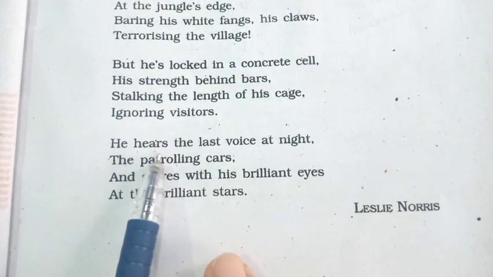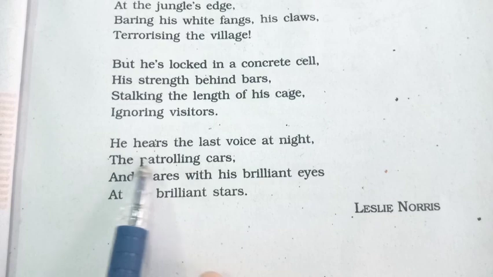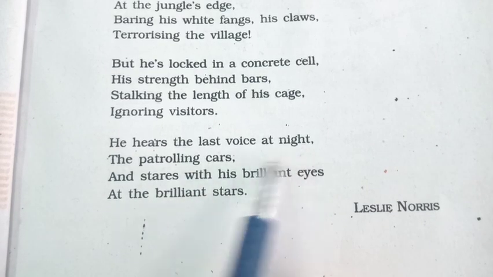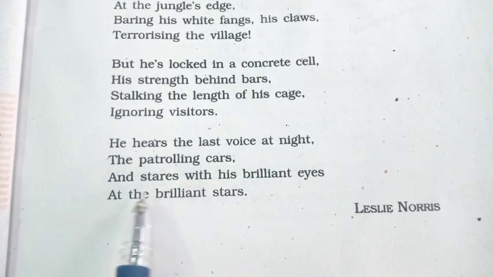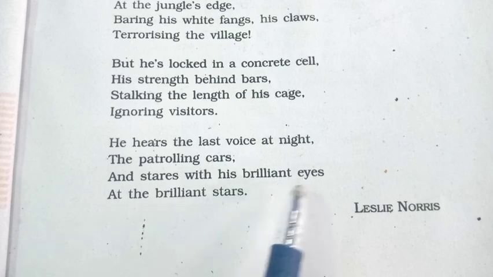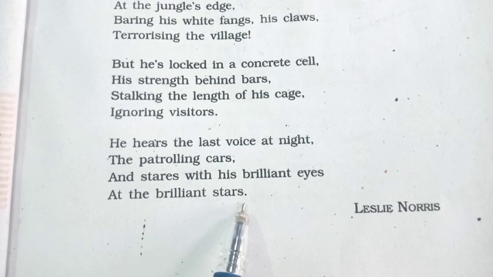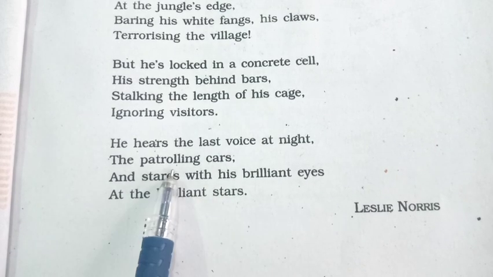In the last stanza, the poet says, "At night he hears the last voice, the patrolling cars, and stares with his brilliant eyes at the brilliant stars." Patrolling means going around an area.